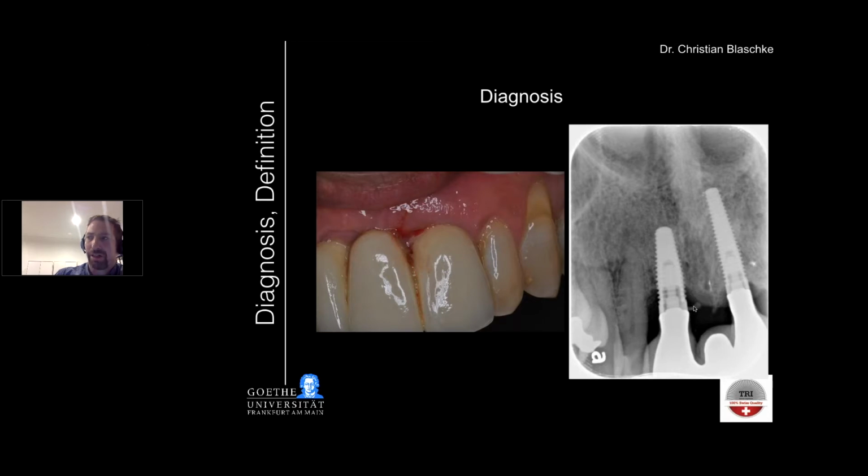One could presume this is cement from the bridge cementation. However, this bridge is in fact a screw-retained bridge, so there is no cement on that prosthesis. At this point in time, I had no idea what we see here. My guess was as good as anyone else's. I will show that case later, and we will see that foreign body later in the case presentation.